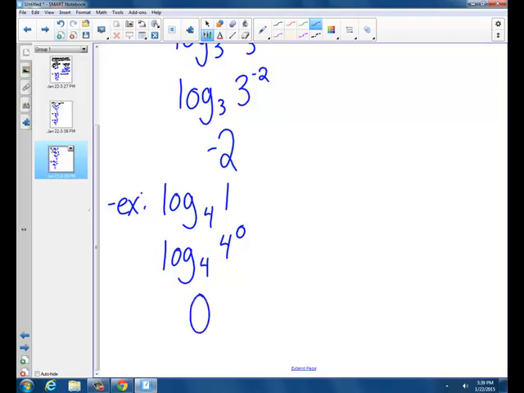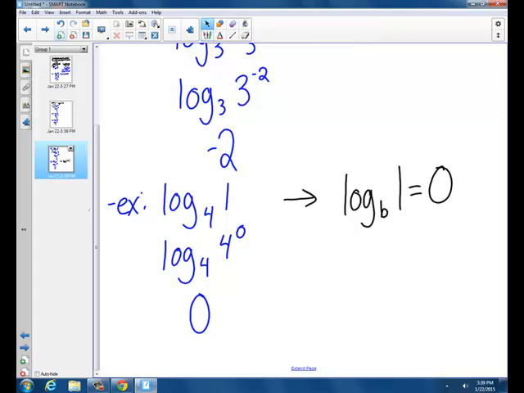To get 0, so that would simplify to 0. And this is actually a property, one of those properties I was referring to. Log base b of 1 equals 0 always. No matter what the base is, if you're doing log base b of 1, the answer is always going to be 0.